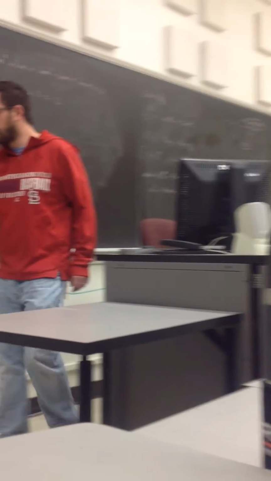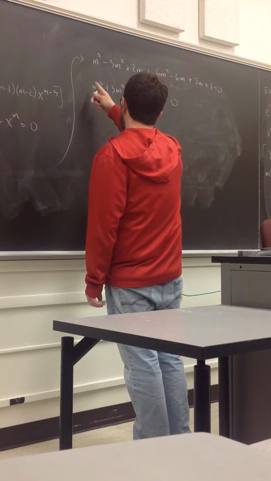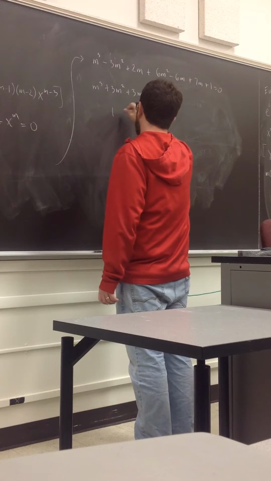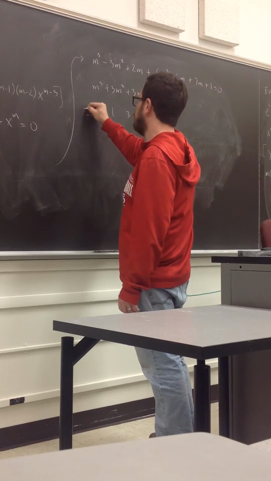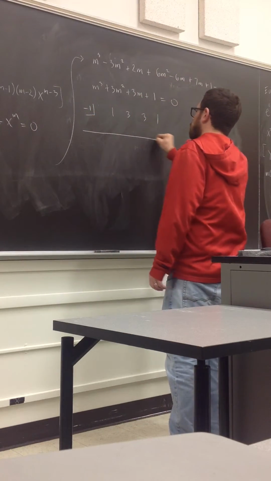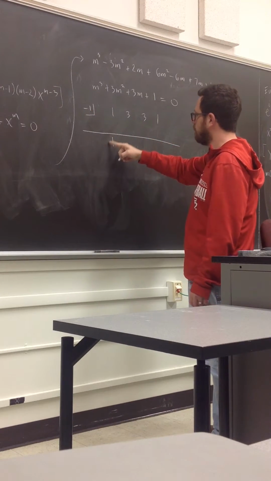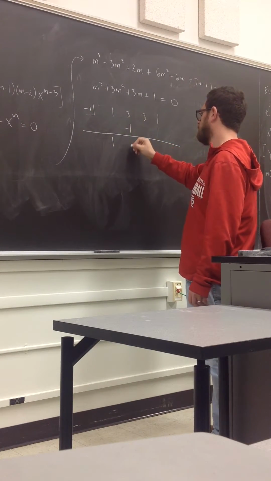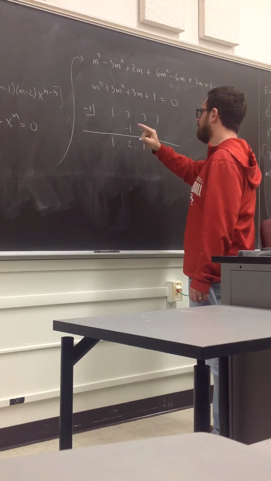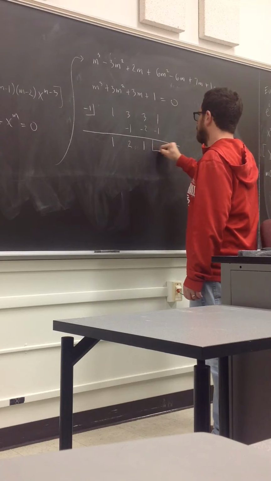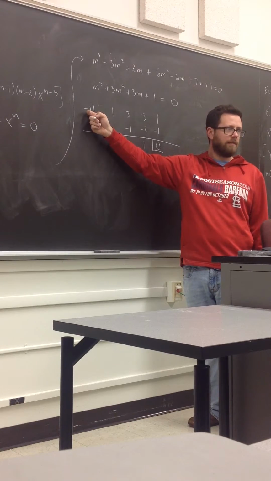Let me do it once. If you use synthetic division, you pick off the coefficients: 1, 3, 3, 1. The only possible rational solution is -1. How does this work? The first number comes down, second you multiply. Add. Multiply. Add. Multiply. Add. This is the remainder, which is 0. That means that m plus 1 is a factor.